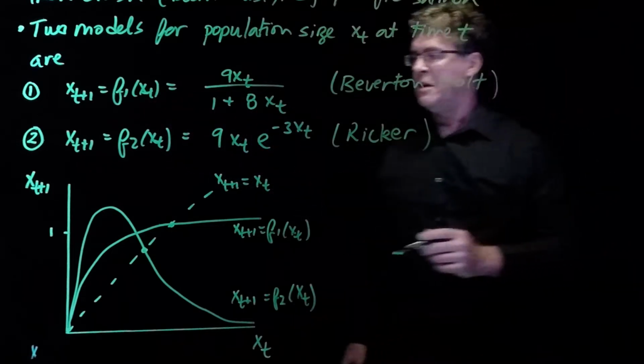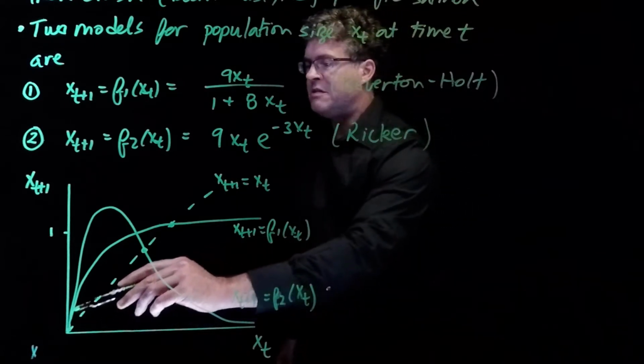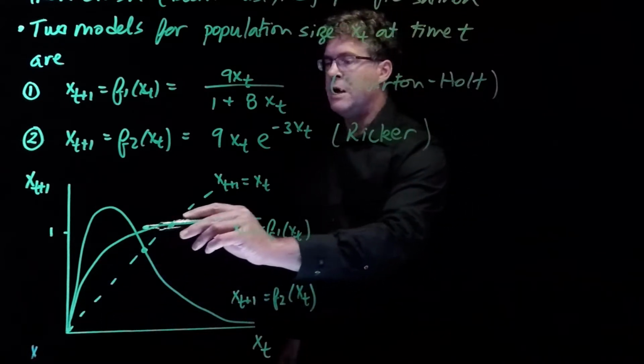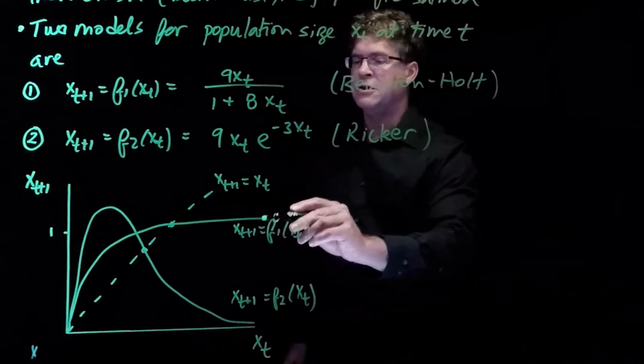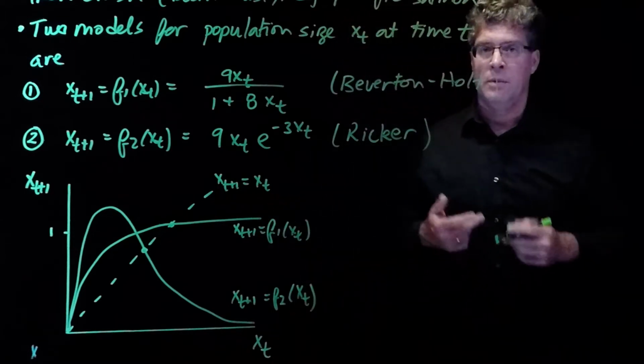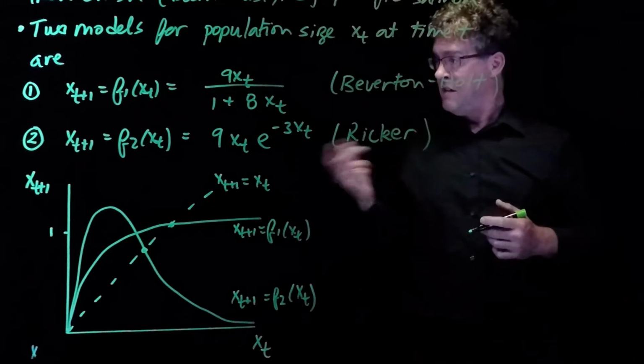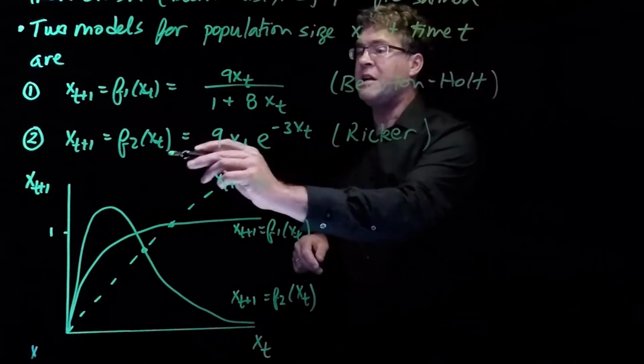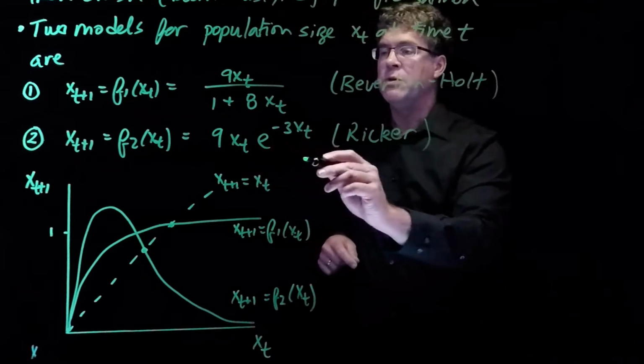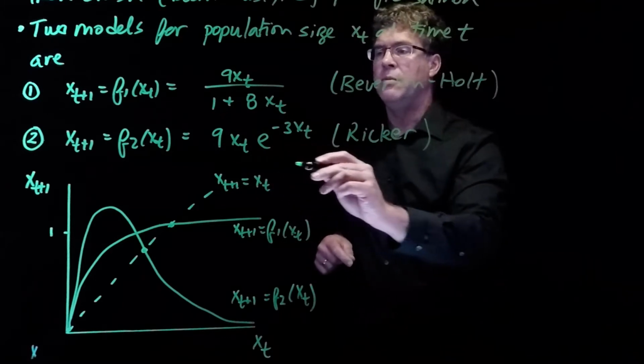When we graph this function, it's shown by this curve right here, given by function f1. Another model is called the Ricker model, where x_{t+1} is f2 of x_t, and this is the function right here for the Ricker model.